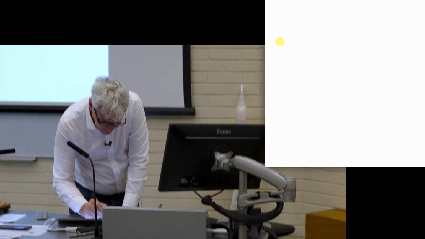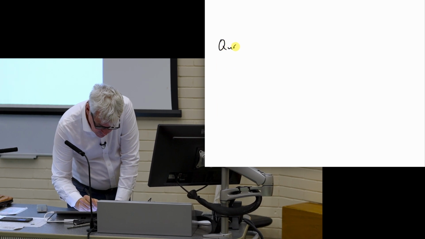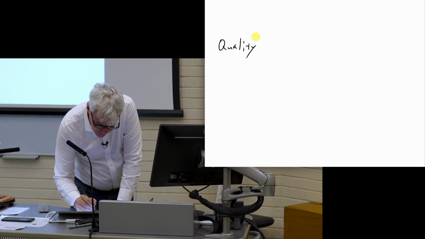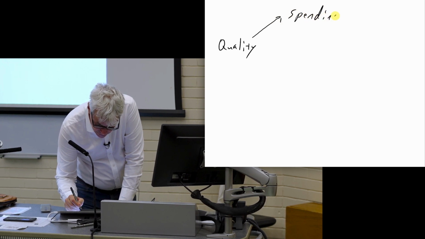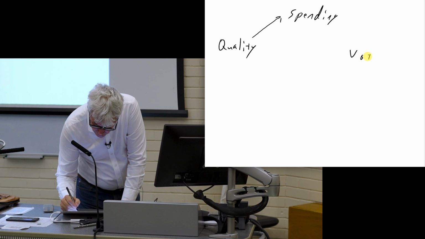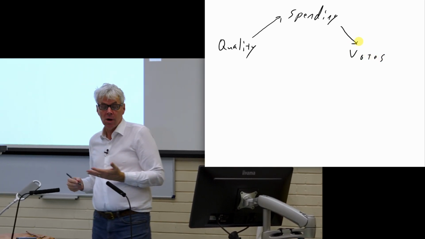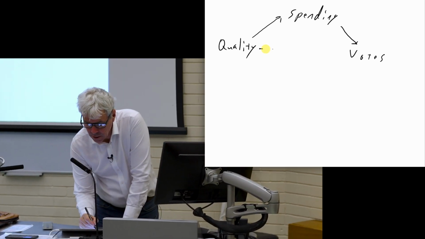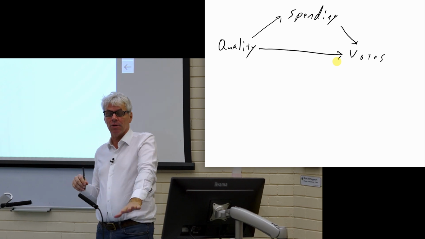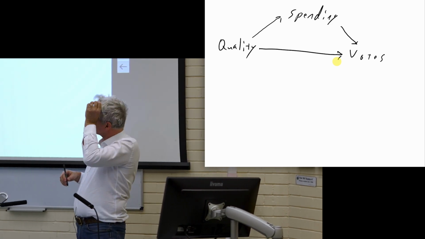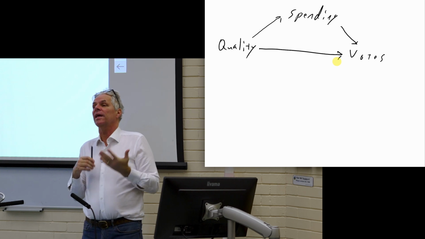The omitted variable is candidate quality, and the basic story is that candidate quality is going to affect spending, and spending is going to affect votes. But also, candidate quality is going to affect votes directly. So we're leaving out a variable. We're not able to measure candidate quality, and so we're going to get biased results.